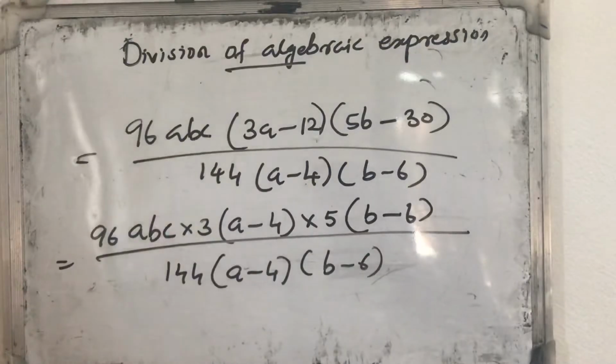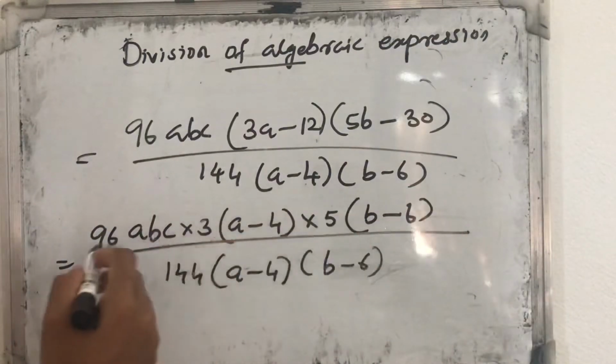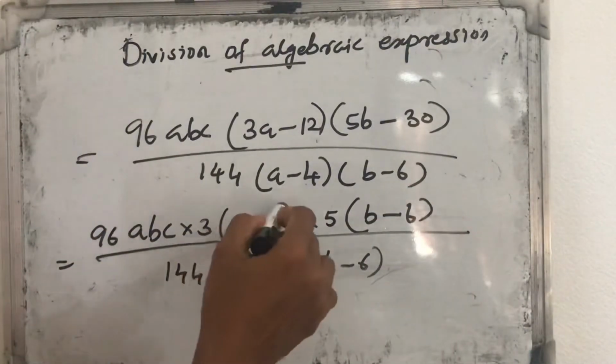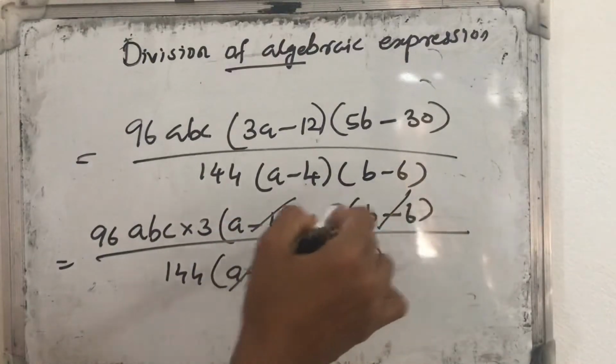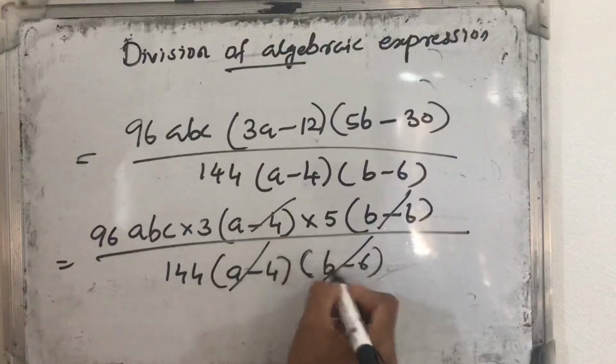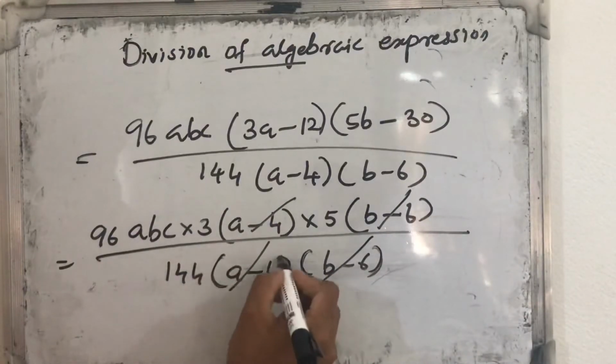Now all are multiplication, so we can cancel a minus 4 and b minus 6, because both are in brackets, that's why we can cancel.